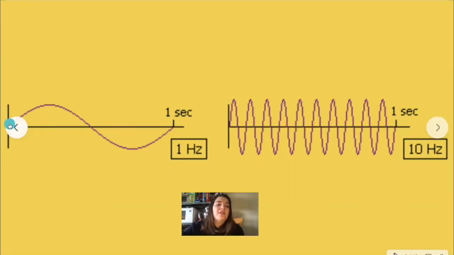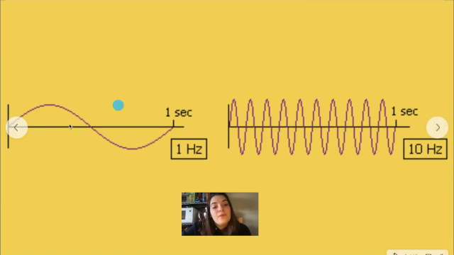However, if we had a different one and it went all the way up and it went all the way down and it was super, super high, it would mean it was a higher pitch, and that would have a higher amplitude. And then this is more of our expansion on that, saying that a frequency of 10 hertz means 10 wave cycles, which means that the cycles are shorter and more together.